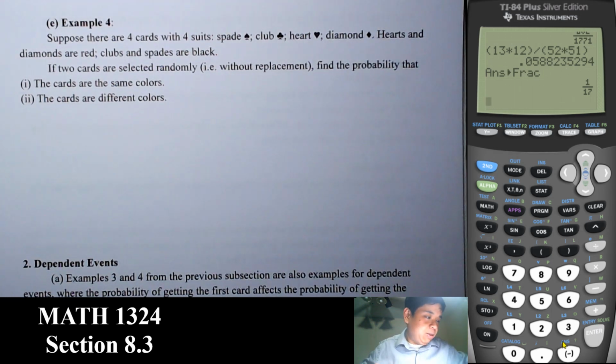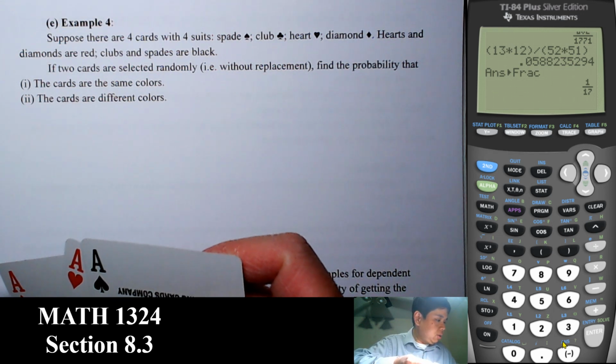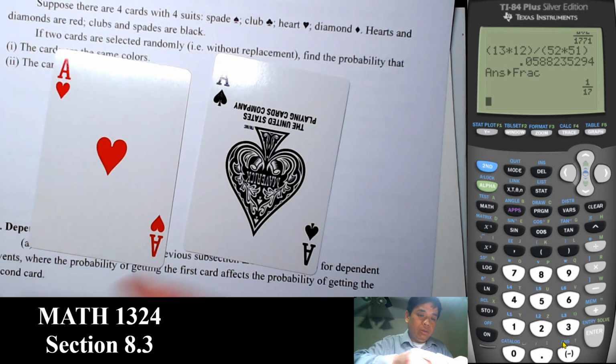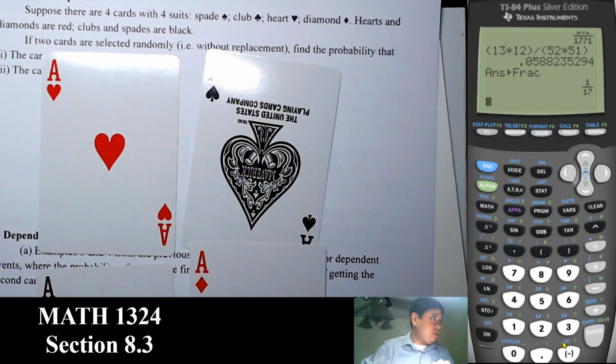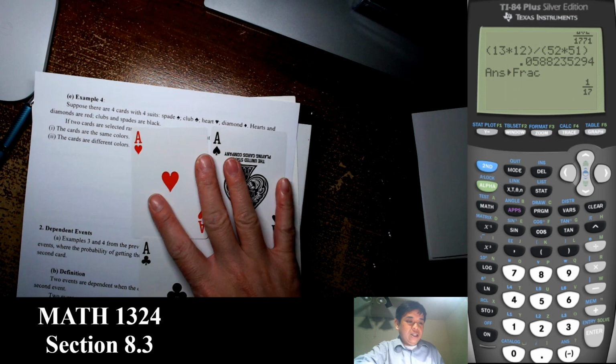Right, now we have a little game. Suppose there are 4 cards of the same suit, 4 cards with 4 suits. So we have 1, 2, 3, and 4. Right, just say there's a game.